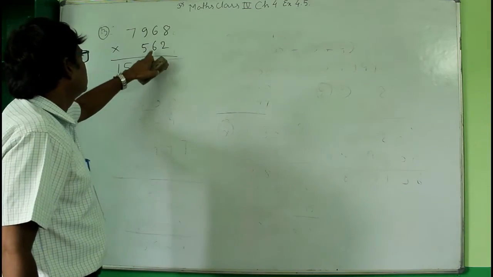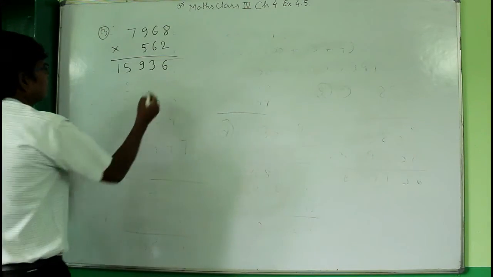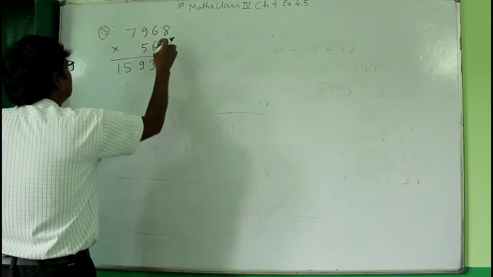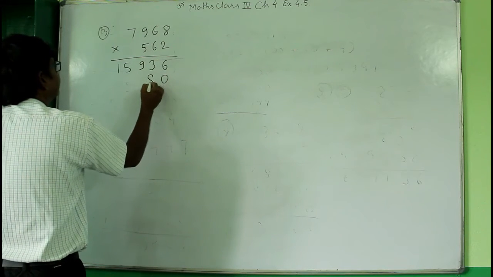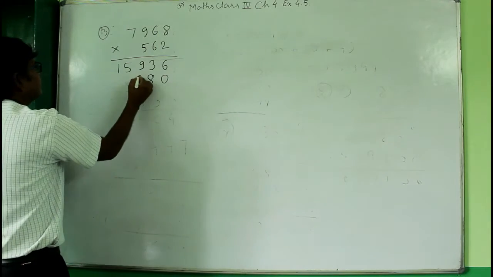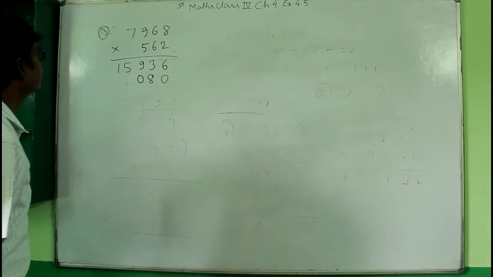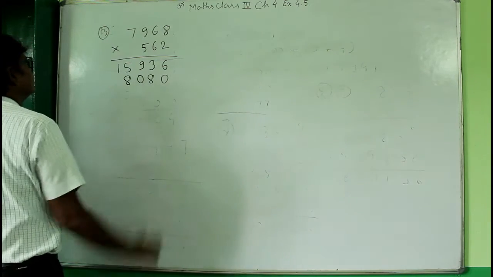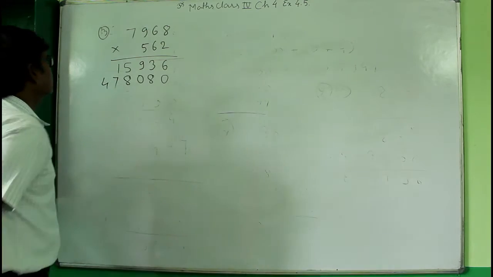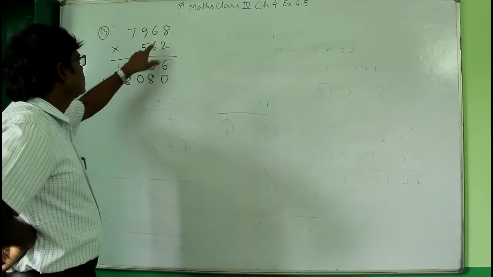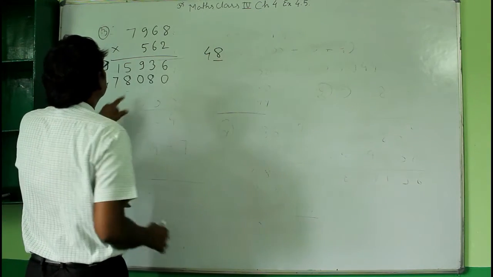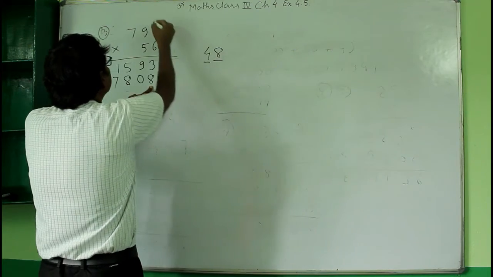Now we will multiply this 6 with the other numbers. Because 6 is at the tens place, write here 0, and then 6 8s are 48. Then write 8 here. Then 4 will be carried here.